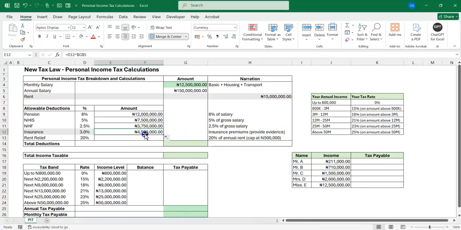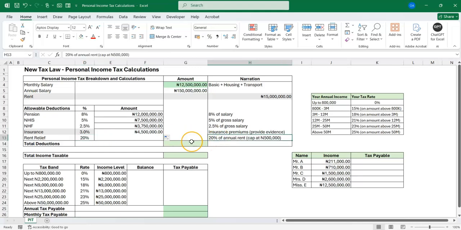And then let's calculate for rent. Now for rent, the rent relief allowed under the new tax law is 20% of your annual rent, and the maximum you can get is 500,000. So if 20% of your annual rent exceeds 500,000, you are only allowed to claim 500,000 as relief.